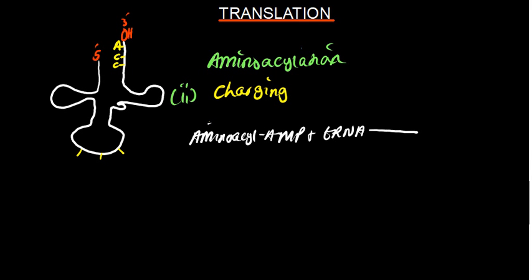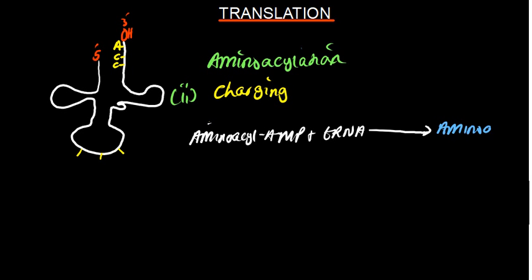Then at the end, what are we going to have? We are going to have amino acid tRNA. So this molecule AMP is going to be released from the amino acid, where its place is going to be taken by that tRNA. So we are going to have a molecule at this side which is known as amino acid tRNA.